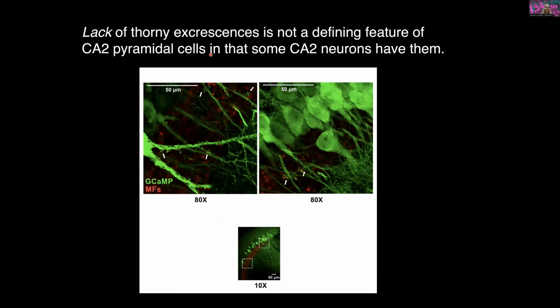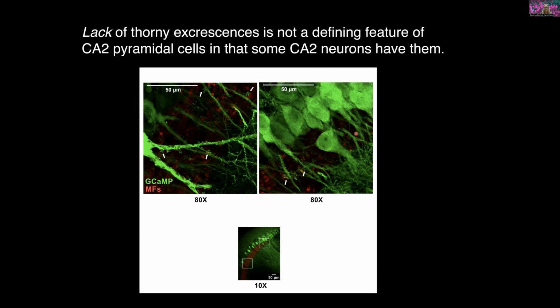I mentioned the mossy fibers, and the thorny excrescences that are associated with the mossy fibers. As it turns out, they're not a defining feature of CA2 pyramidal cells. So if we look here, this is CA3. In this, you see a lot of the thorny excrescences on the CA3 cells. But well within what I would call CA2, we occasionally do see these thorny excrescences. They're not real common.